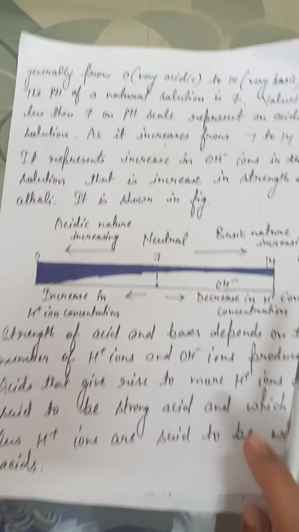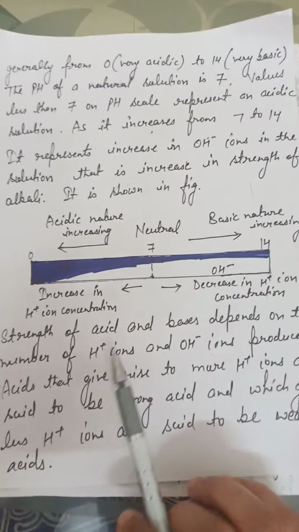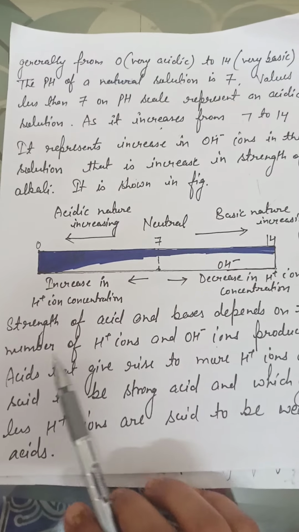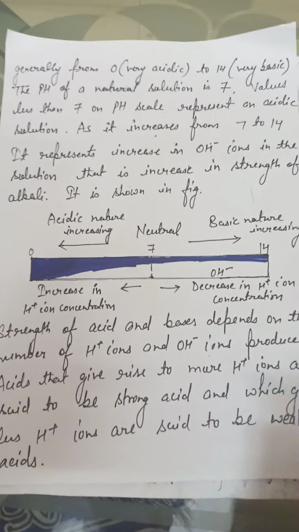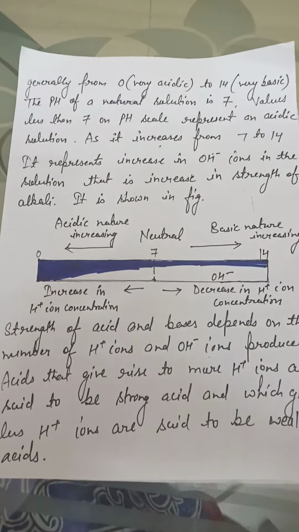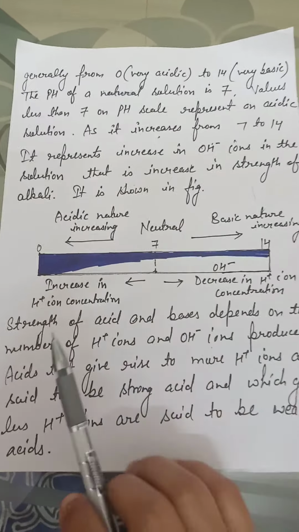So the arrow sign is pointing to an increase in H positive ion concentration in one direction, and a decrease in H positive ion concentration in the other. Now the strength of an acid and a base depends on the amount of H positive and OH negative ions produced. For example, a strong acid gives more H positive ions in aqueous solution, and a weak acid gives fewer H positive ions in aqueous solution.